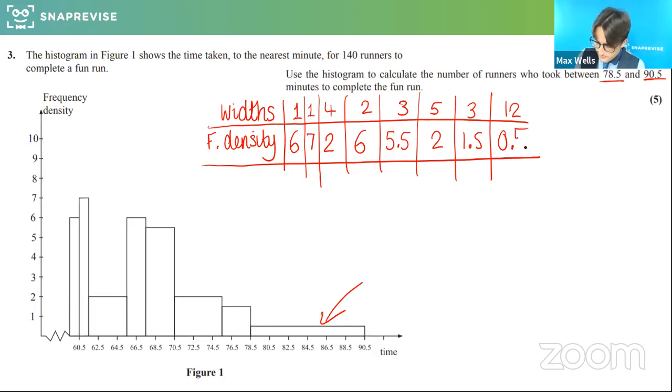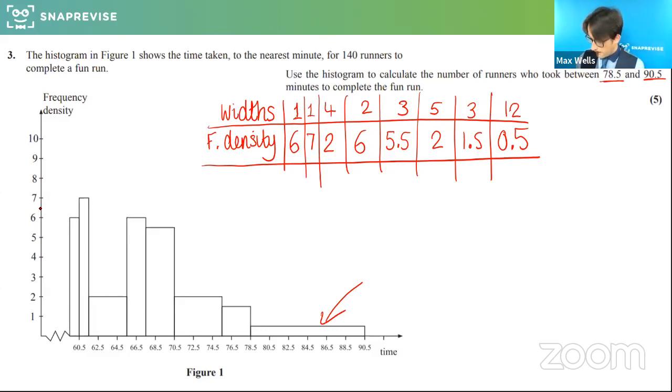So what I've basically done, and good, I like that people are looking for a scale factor and seeing where they need to go from here. What we've got going on is the widths I've just kind of told you from here. So we've got a width of 1, width of 1, a width of 4. And I thought it was a bit tricky to read perhaps, so I just thought I'd list those out. And then I've also given you the frequency density, which is the value on the y-axis.